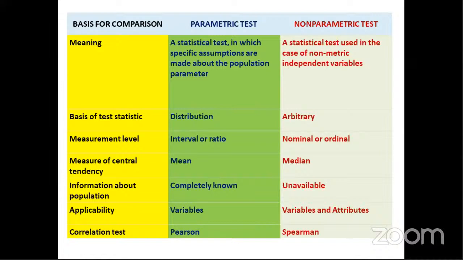So when do we use parametric? When you have an assumption about the parameter, about your target population. So well, when we were in biostatistics, I told you you should know your target population and the difference between a population, a target population and a sampling population. So I specified that.